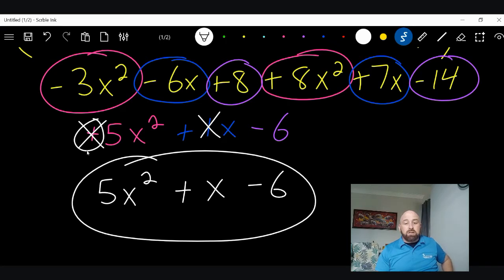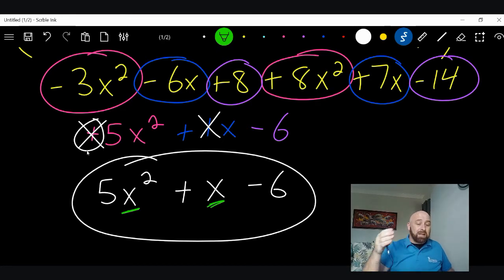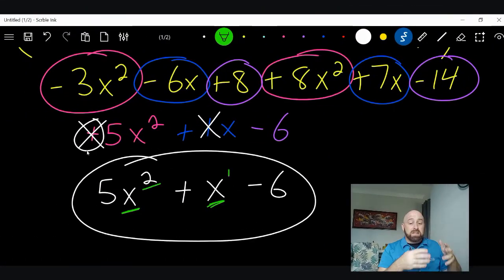And notice the way that you do these is alphabetically and then in descending order of exponents. So I'm always going to start with the biggest exponent. I'm always going to start with A, B, C, D, E, F, G. So alphabetical and then descending exponent. So 2, and this is an exponent of 1, and technically this is an exponent of 0.